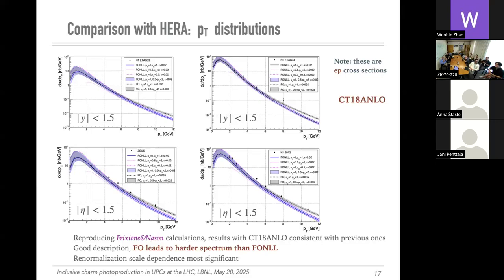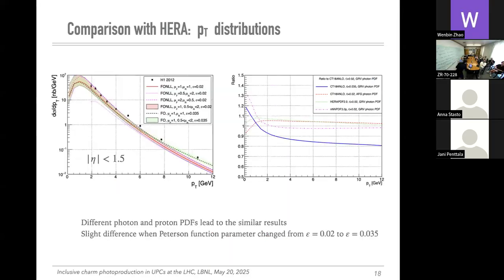Here I'm also using the Peterson function, with 2 different values for the resummed and fixed order, from some papers they were using. This effect, this gray, is already a little bit suppressed. So this is how it looks in PT.